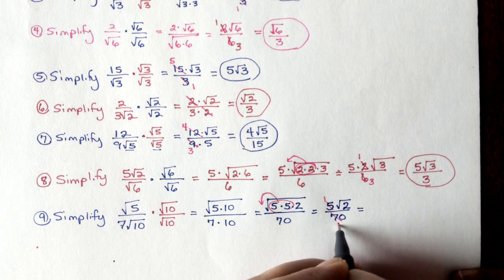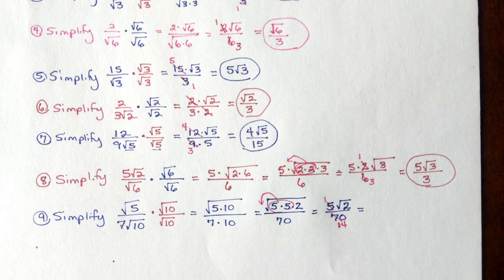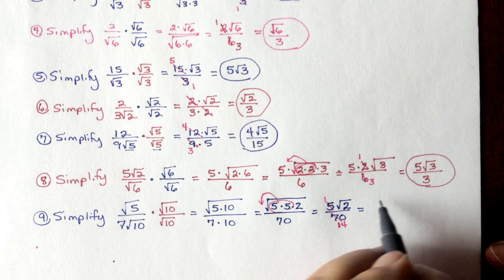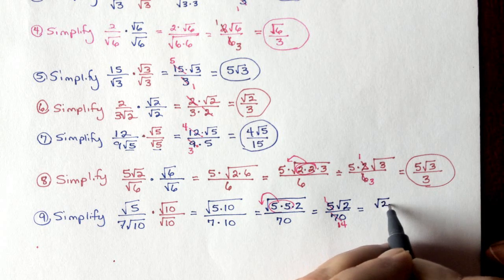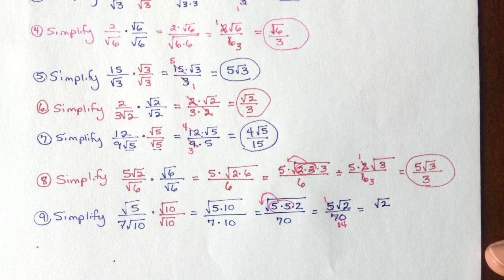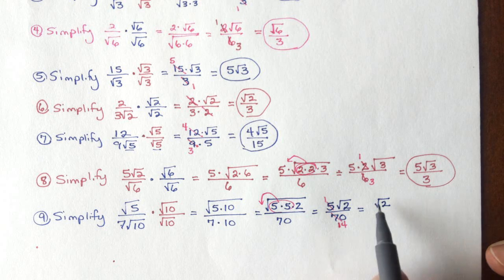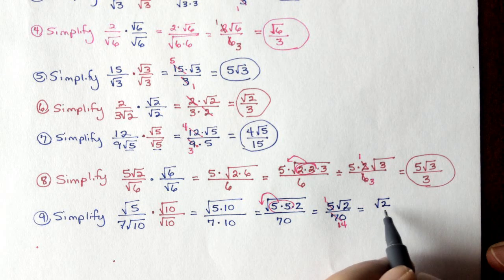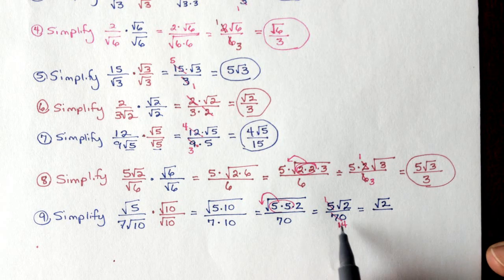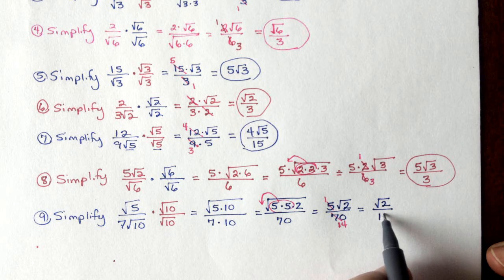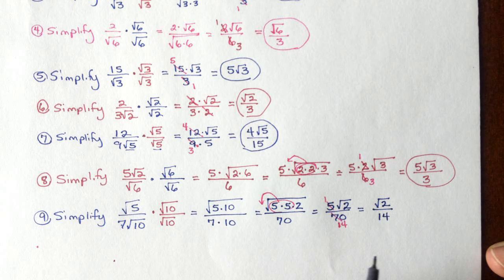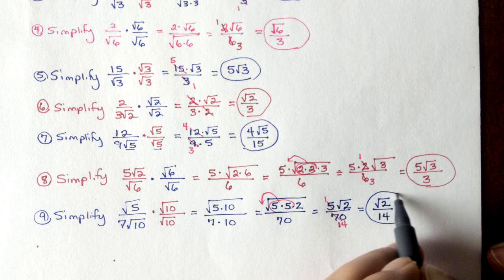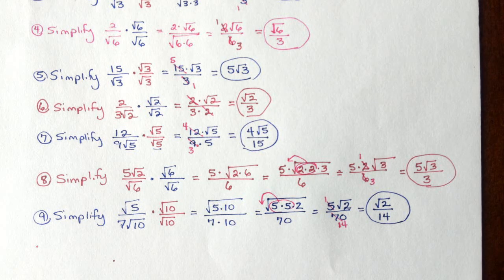It'll go 14 times. So we have 1 square root of 2. I'm just going to bring over as square root of 2. I can drop any 1s that are factors in front of the radical. And then 14 is left in the denominator. So square root of 2 over 14 is our final answer.